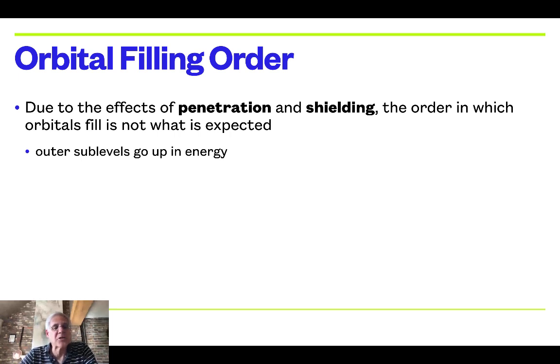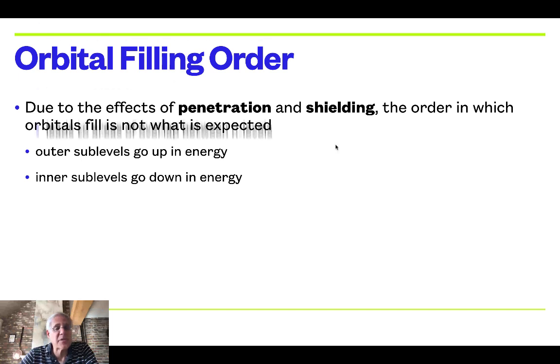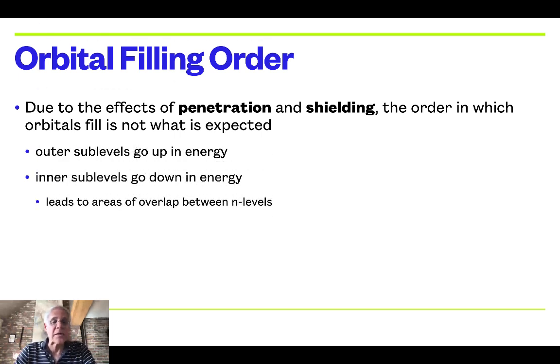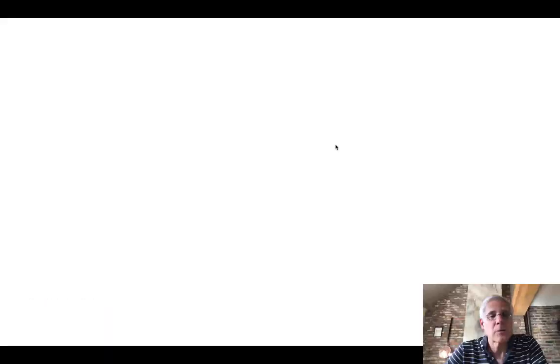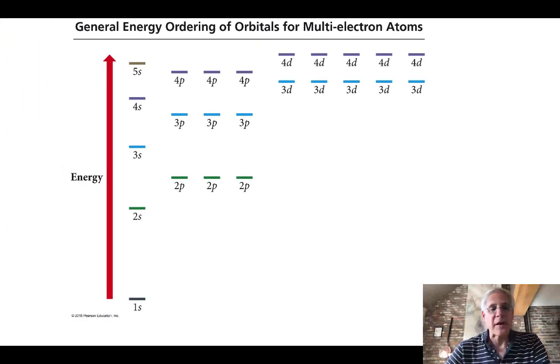What happens is your outer sublevels within an n level begin to go up in energy. So your d orbitals are sometimes higher in energy than you would expect, and the s and the p's might be a little bit lower than what you would expect. Sometimes these two things can begin to overlap between n levels, and it changes the order in which the orbitals fill up. So let's take a look at what effect that has.